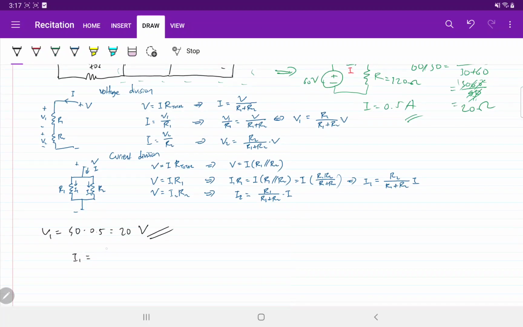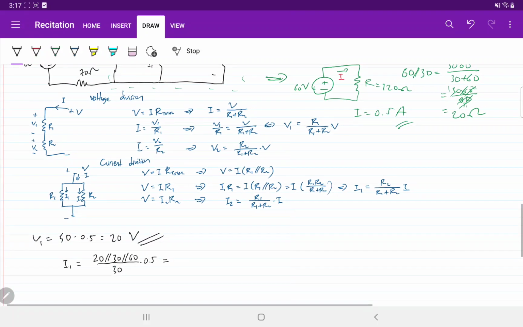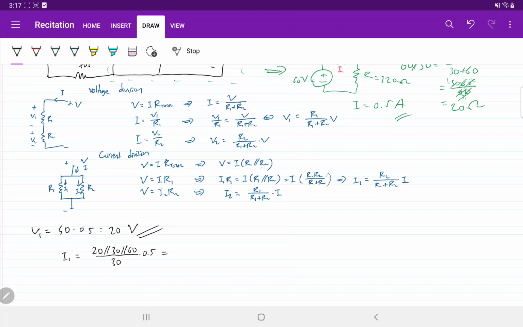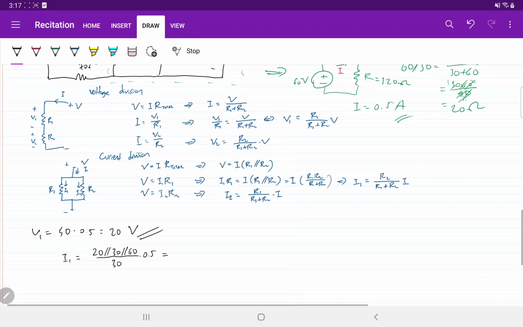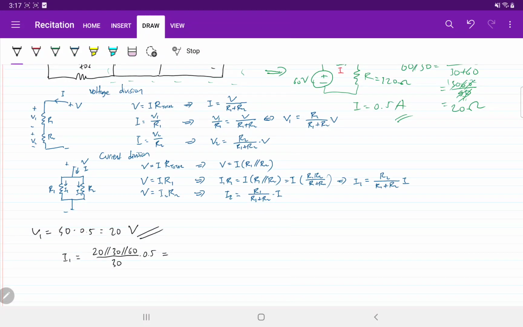I1 times 30, because we have 30 ohms there, equals I, which is 0.5, multiplied by the total resistance, which is 20 parallel 30 parallel 60.